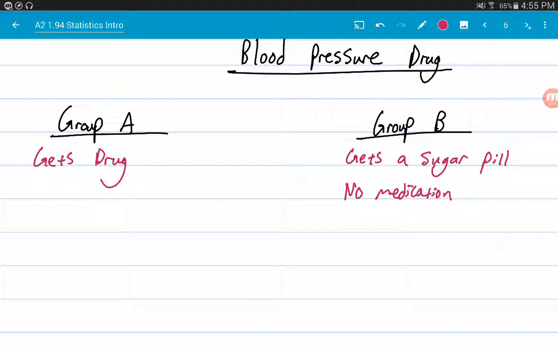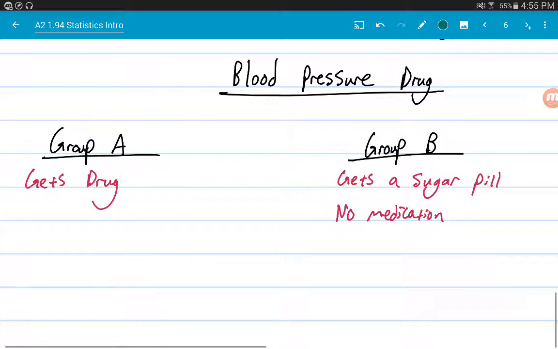And now what happens? If they're both trying to take these pills and they think that their blood pressure is improving, they're subconsciously or even consciously making decisions that'll improve their blood pressure. For instance, both groups might eat healthier.